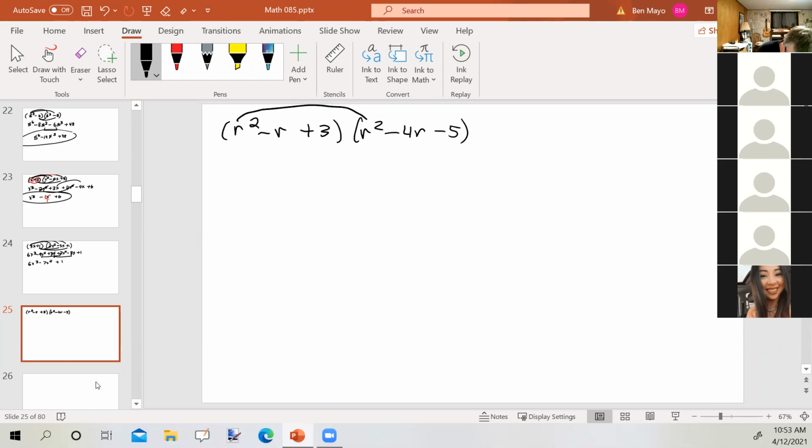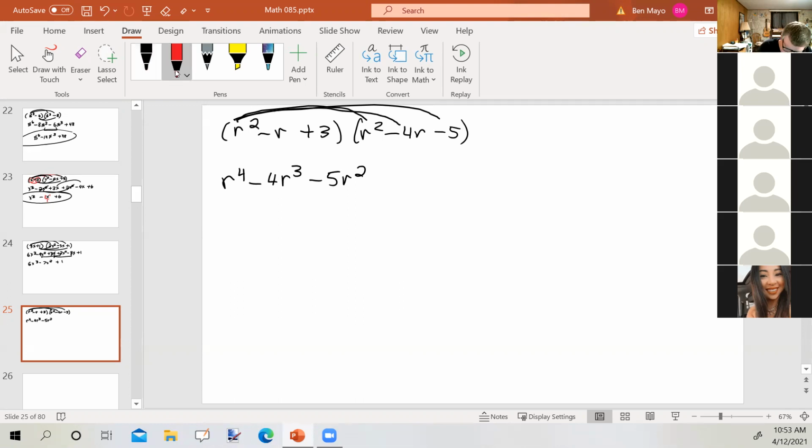R squared times r squared is r to the 4th power. R squared times minus 4r is minus 4r cubed. R squared times minus 5 is minus 5r squared.